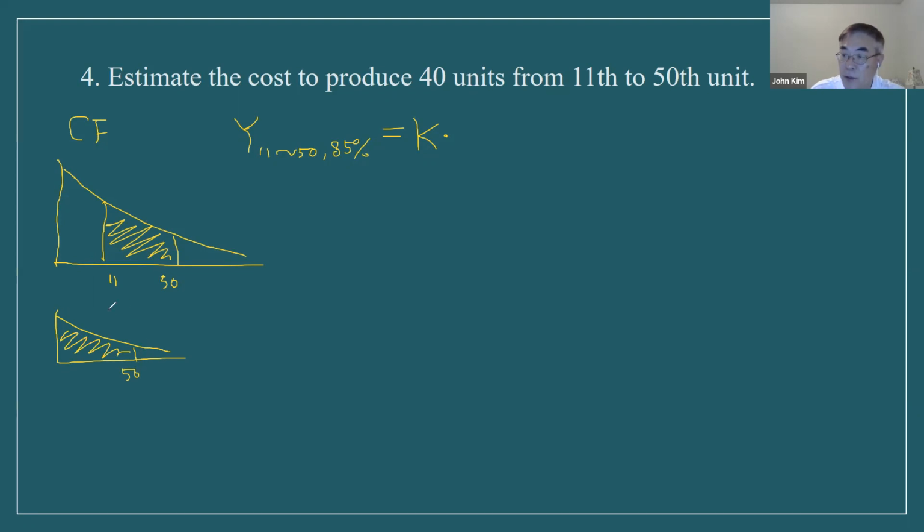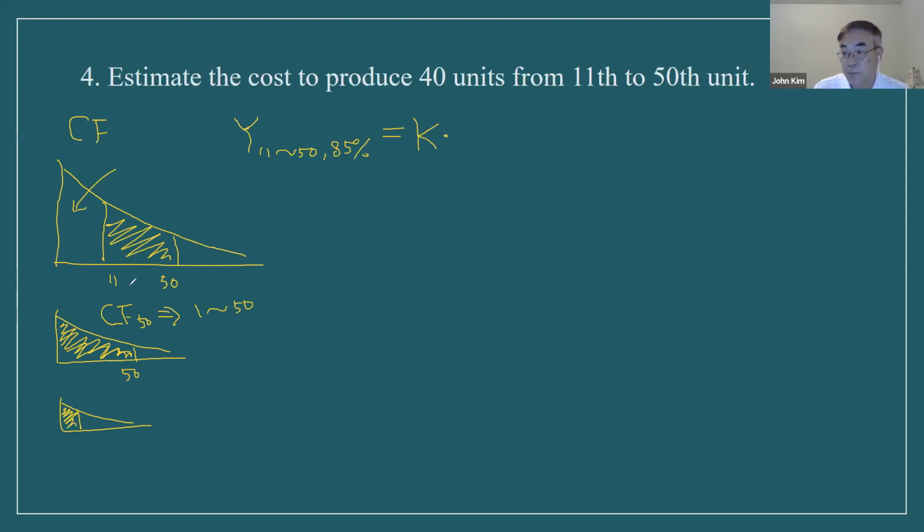So cumulative factor, like CF 50, means from 1 to 50. So the area from 1 to 50. Then to get this part, we need to subtract this part. So that left part is this area.